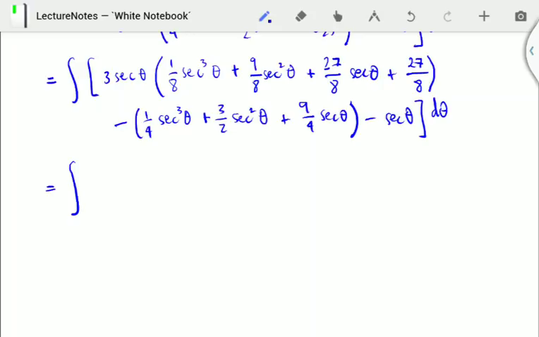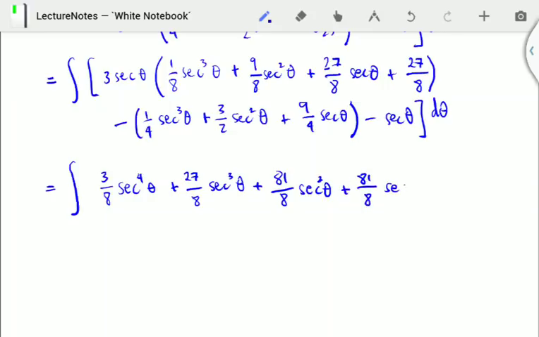So we have 3/8 secant to the 4th theta, then 3 times 9 is 27/8 secant cube theta, plus 3 times 27 is 81/8 secant squared theta, and then plus 81/8 secant theta there.